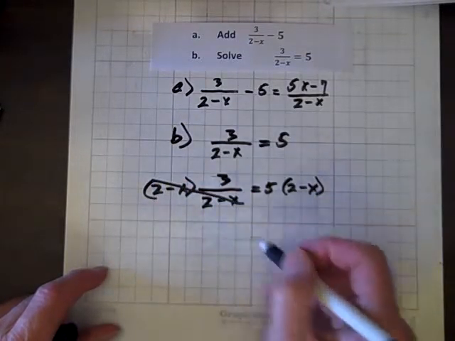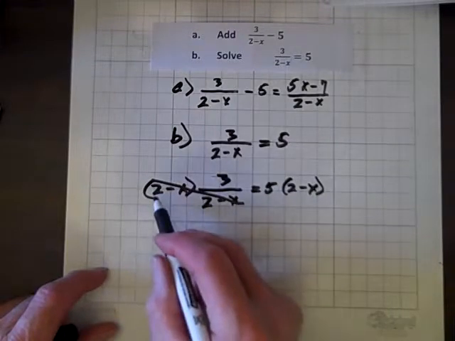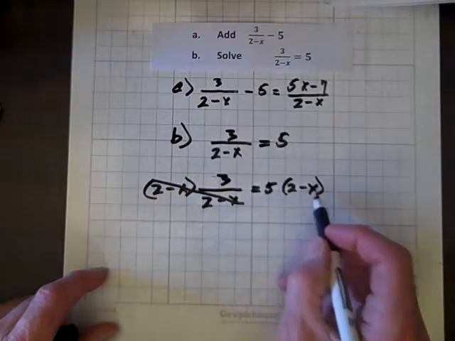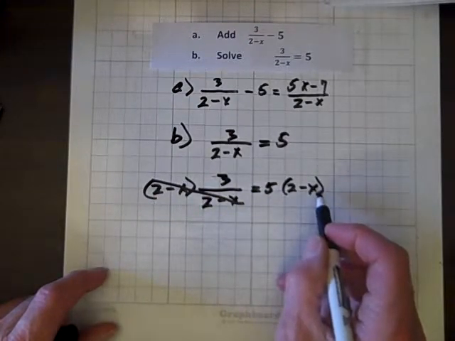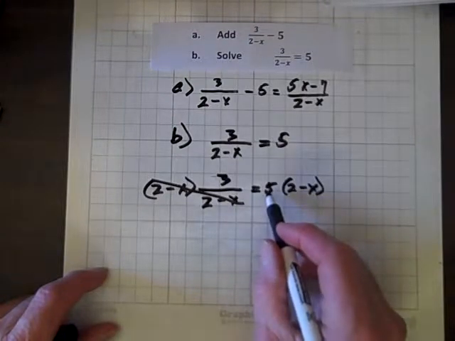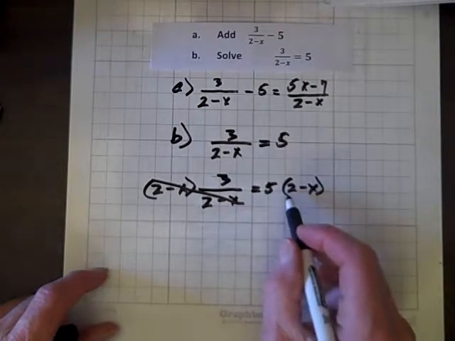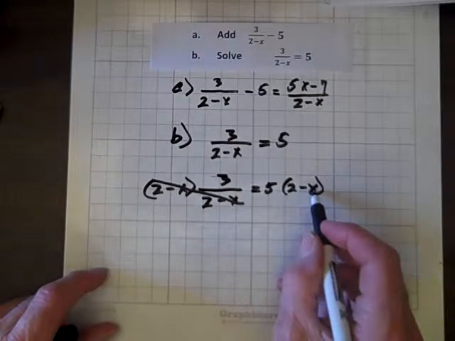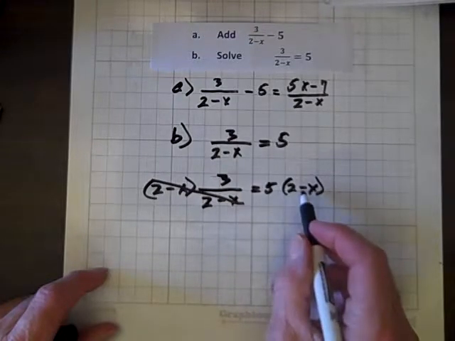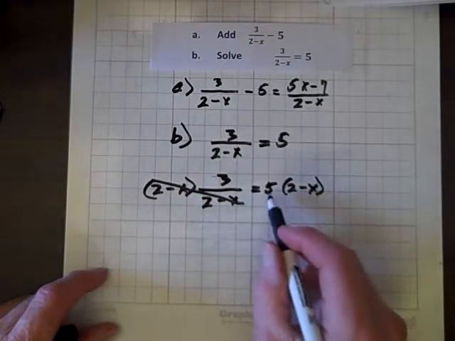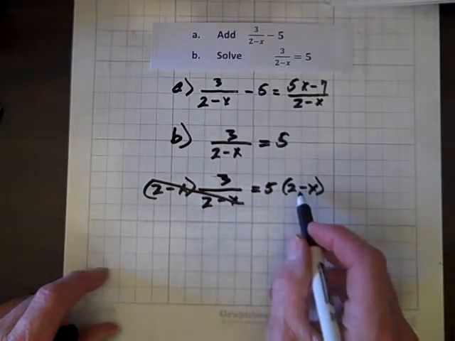Now the 2 minus x's divide out. By the way, can't stress enough how important those parentheses are. They must be there, otherwise we would simply be multiplying 5 times 2, and the negative x would not have to confront the 5.